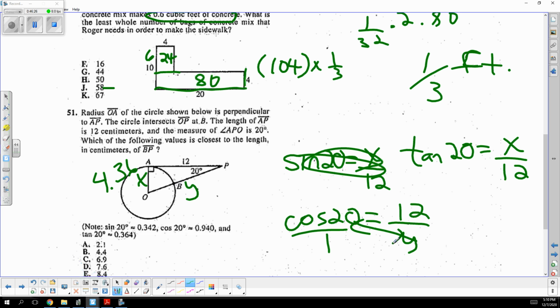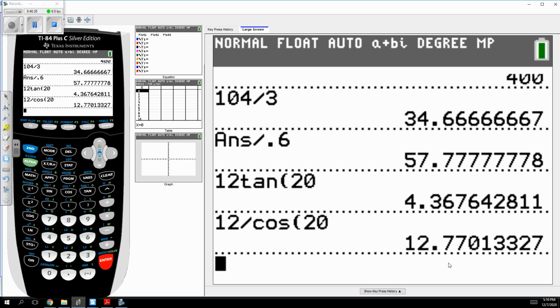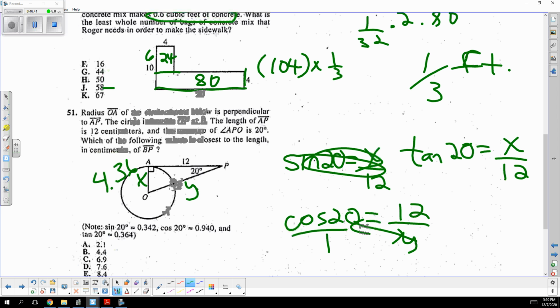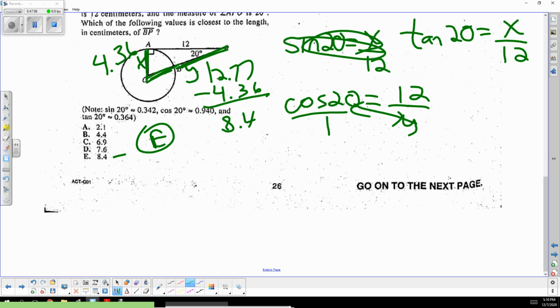It would be 12 divided by the cosine of 20. 12.77. Now, how big is BP? Well, this is 4.36. So you subtract those two to get the answer 8.4. Because these are both radii of the circle. Cool problem. My trig students were not happy.